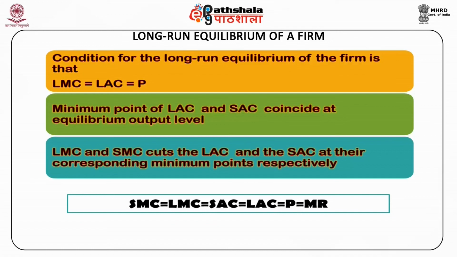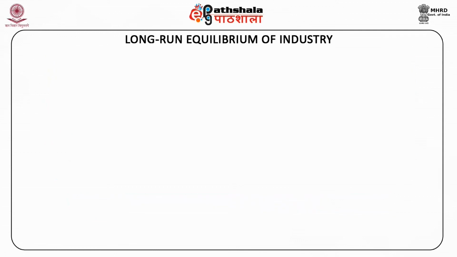This in turn will be equal to the price and the marginal revenue. When all firms are producing at the minimum point of their long run average cost, they reach a price at which all the firms are in equilibrium and earn only normal profits. This is the situation when the industry is in long run equilibrium.